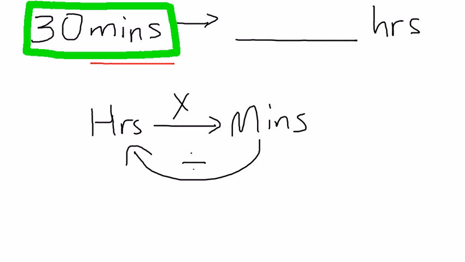So how many minutes are there in 1 hour? That's right, 60.